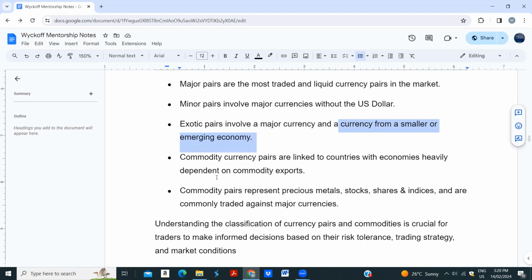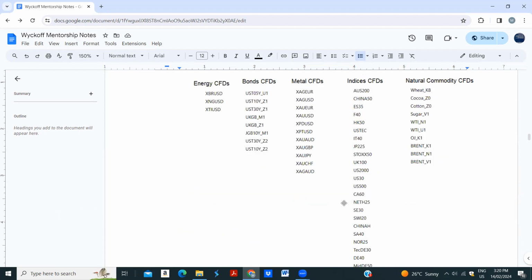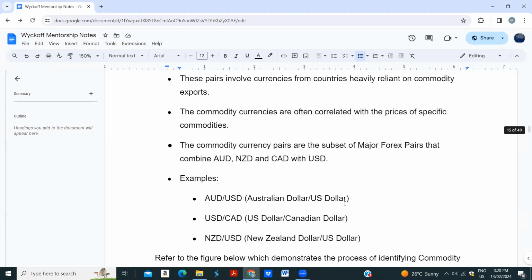Okay. Then we have the commodity currency pairs. These are linked to the countries with economies heavily dependent on the commodity exports. I have already explained this. Commodity pairs represent precious metals, stock shares, indices, and are commonly traded against the major currencies. Remember that commodity pairs are commonly traded against the major currencies, which we have seen over here.